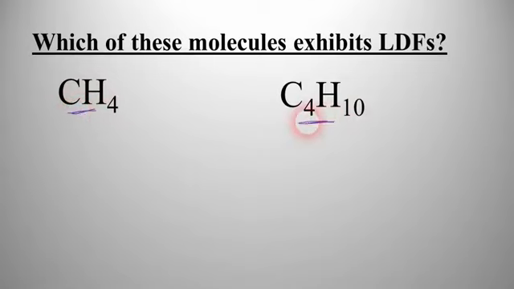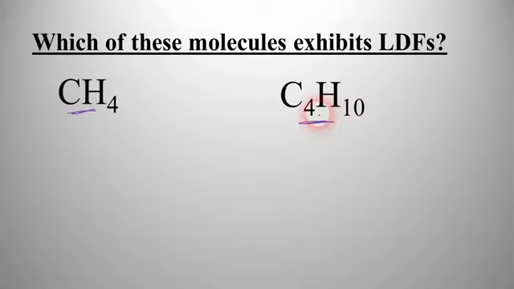All molecules, all compounds, all atoms have London dispersion forces. Let's take this a step further. Which of these two molecules has stronger London dispersion forces? It would be the one that has more electrons and thus is more polarizable. That would be the C4H10, this molecule of butane.